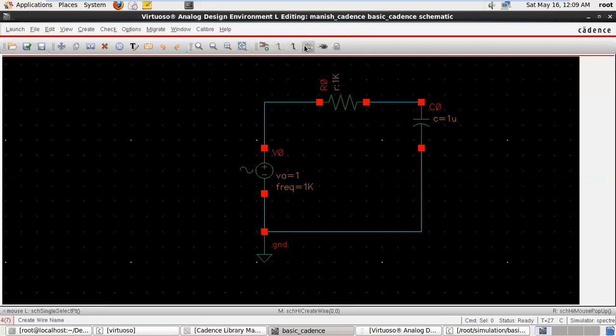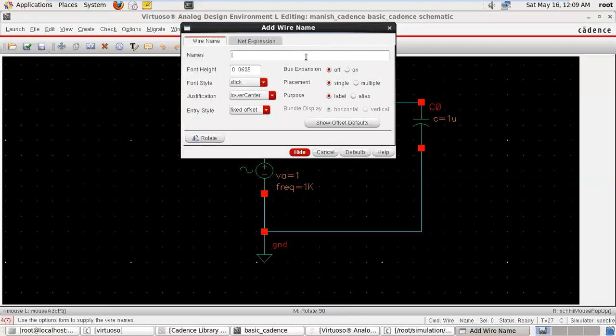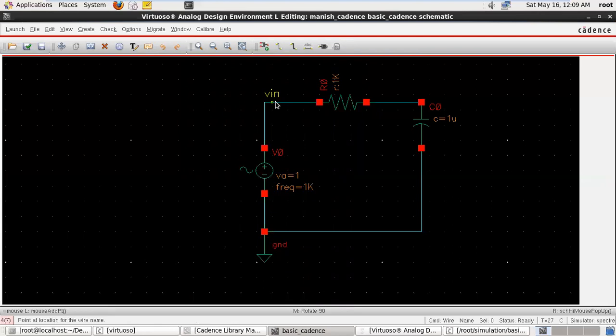Show the wire names, Vin and Vout, and hide the rest. So this point is Vin and this is my Vout. So the cutoff frequency is 1 kilohertz. Save and check and save, no error.